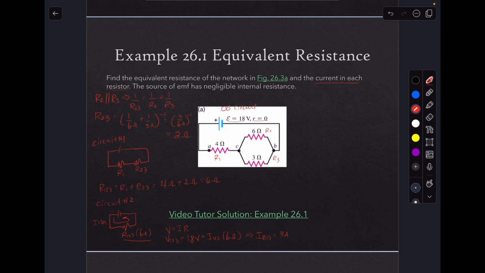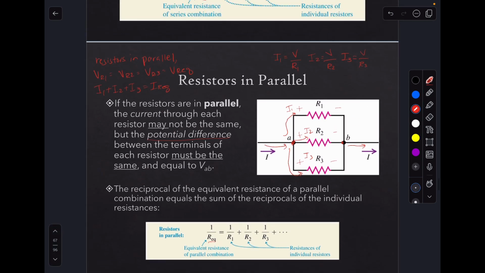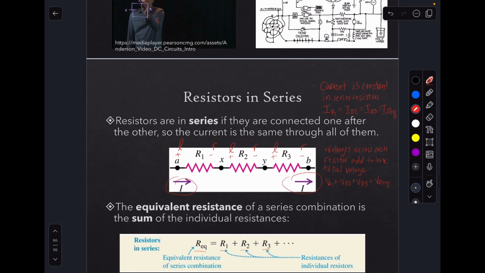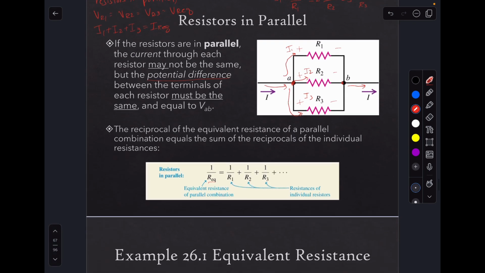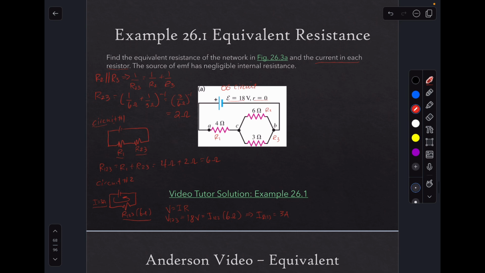If we take that information and apply it to circuit 1, that means we have 3 amps running through R1 and R23, because R1 and R23 are in series. As we saw up here, for resistors in series the current is constant. So that means the current through R1 is 3 amps.